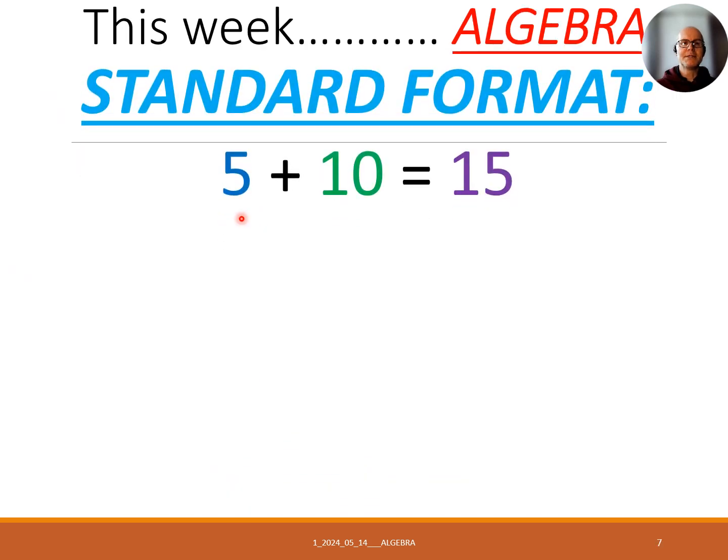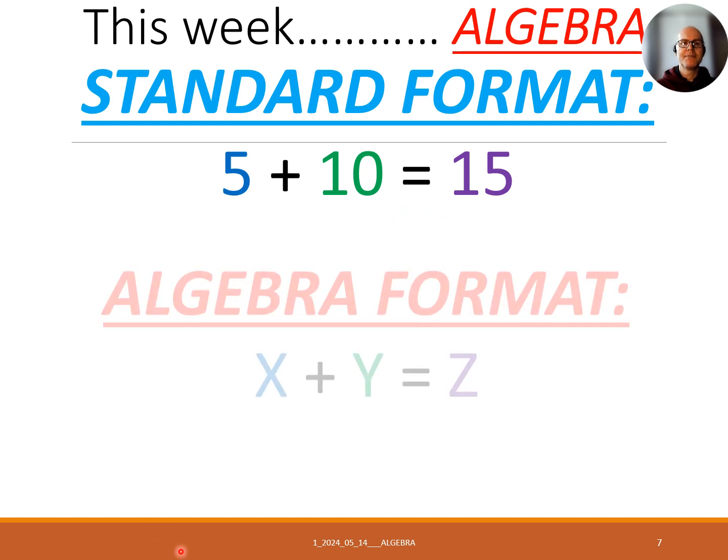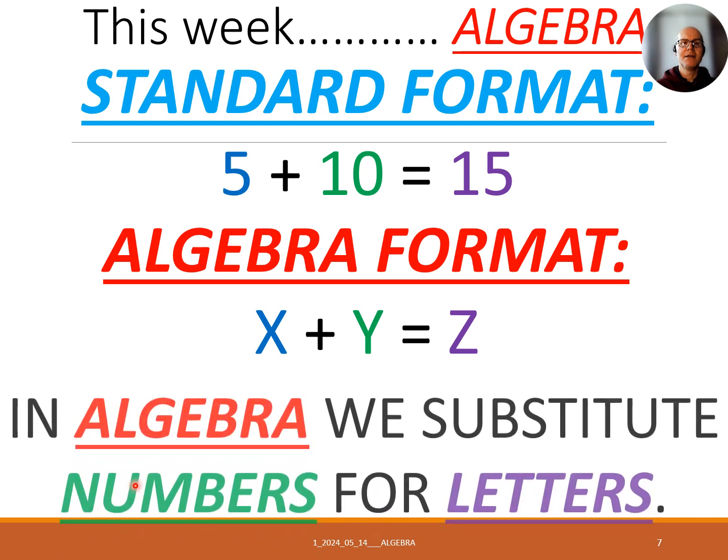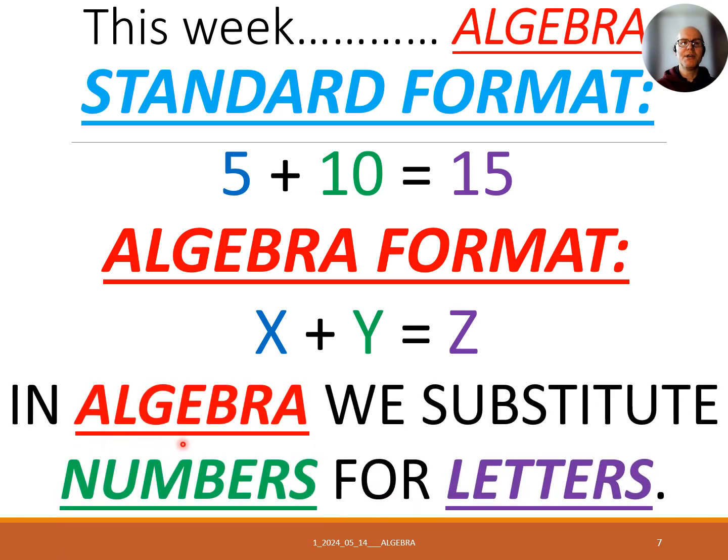So the standard format with numbers would be 5 plus 10 equals 15. The algebra format would be x plus y equals z. In algebra, we substitute numbers for letters.